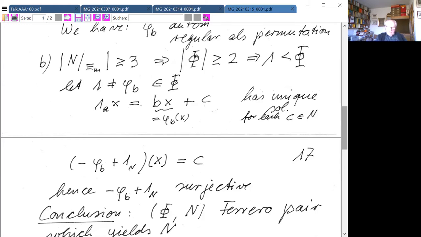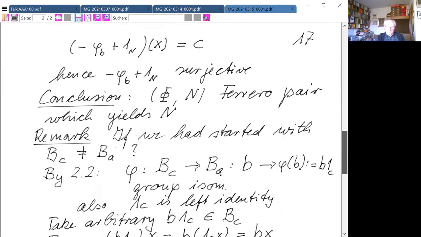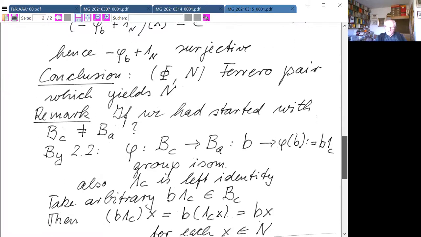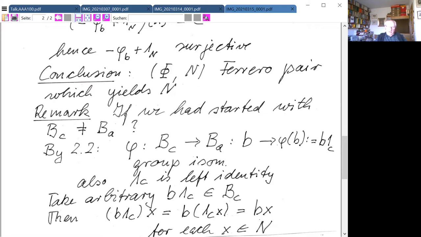Now we come up with minus phi b plus 1 sub n times x is c, and this has a solution x for any c, so minus phi sub b plus 1n must be surjective. Conclusion: this phi n is a Ferrero pair.